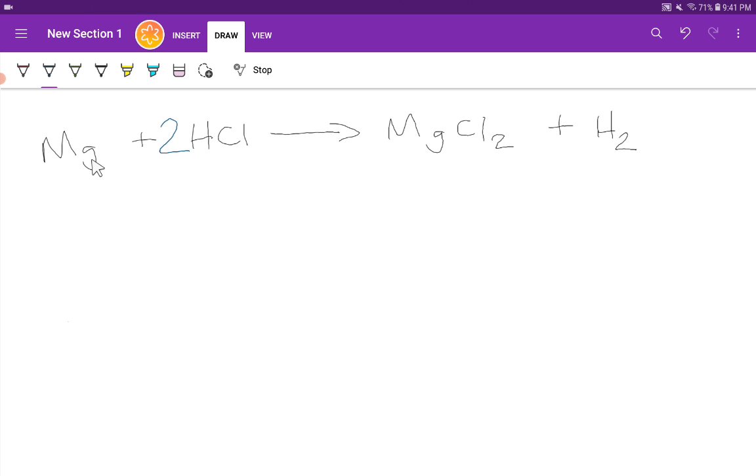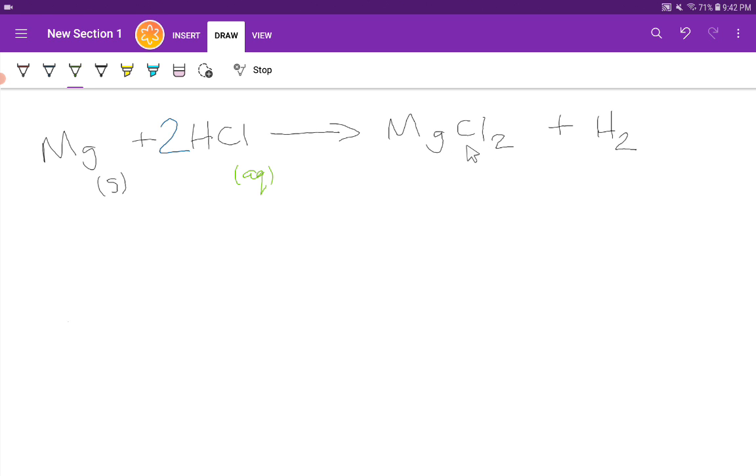We need to go ahead and assign our state symbols. Magnesium is a metal, and with the exception of mercury, all metals are assigned the state symbol solid. So magnesium gets the state symbol S. Hydrochloric acid is aqueous. All acids are aqueous.